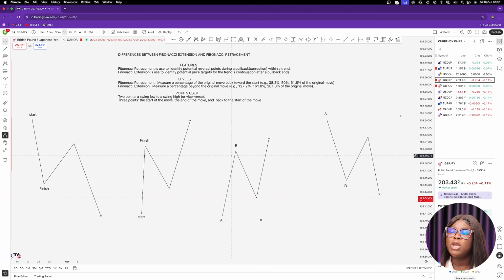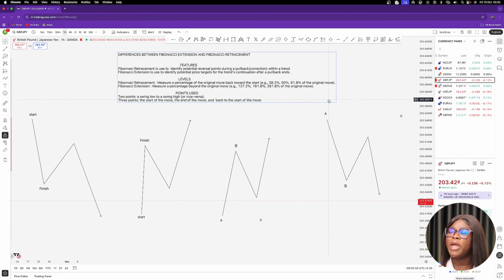Other traders will only use the retracement level, but for me, I've tried the retracement level so many times and it's not working for me. So I pull it from the A swing low to the swing high, back to the swing low. Then the numbers, which is the 127.2, 161.8, 261.8, will now be my target where I'll be taking my profits.